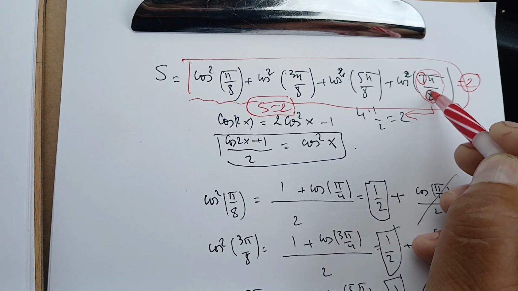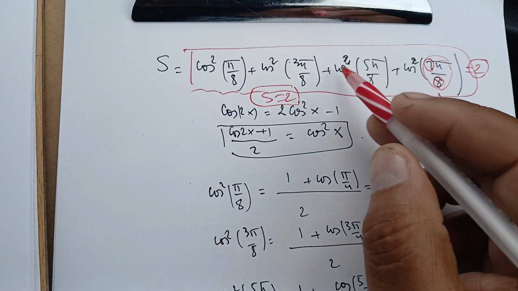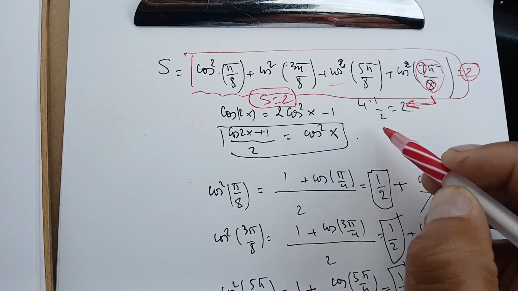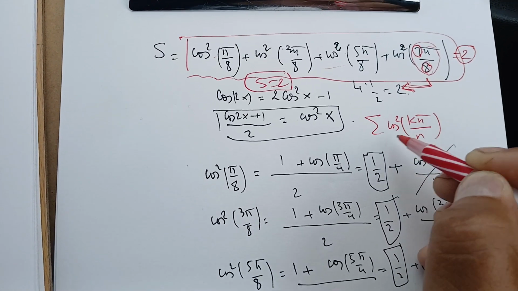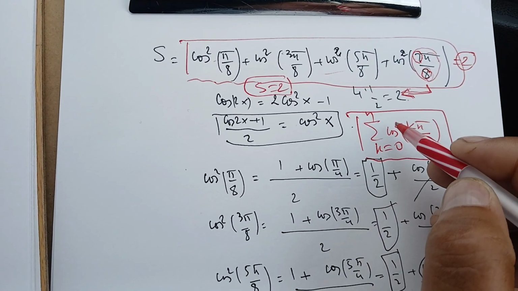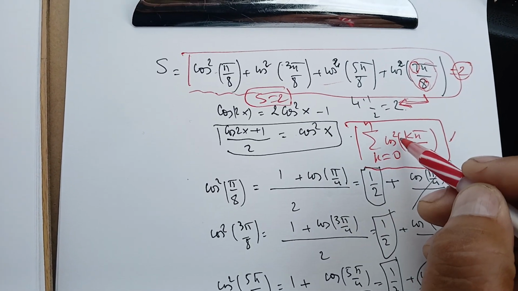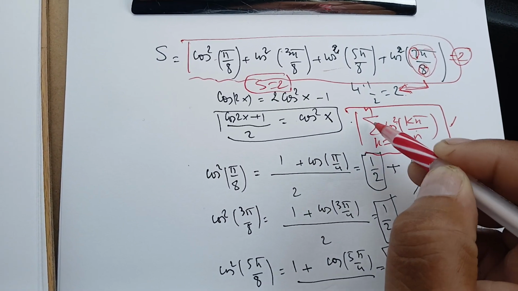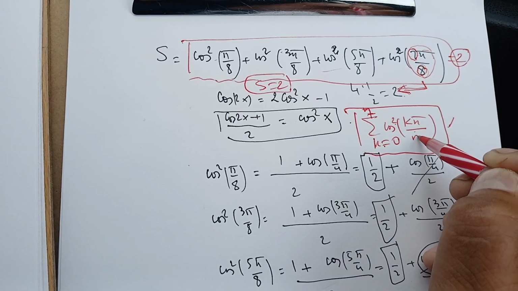So this is a question for you if you want to get the general formula for this one: the cosine squared of k pi over n with k going from 0 to n. What's its sum? In our case, we had k going from 0 to 7, and our n was 8.